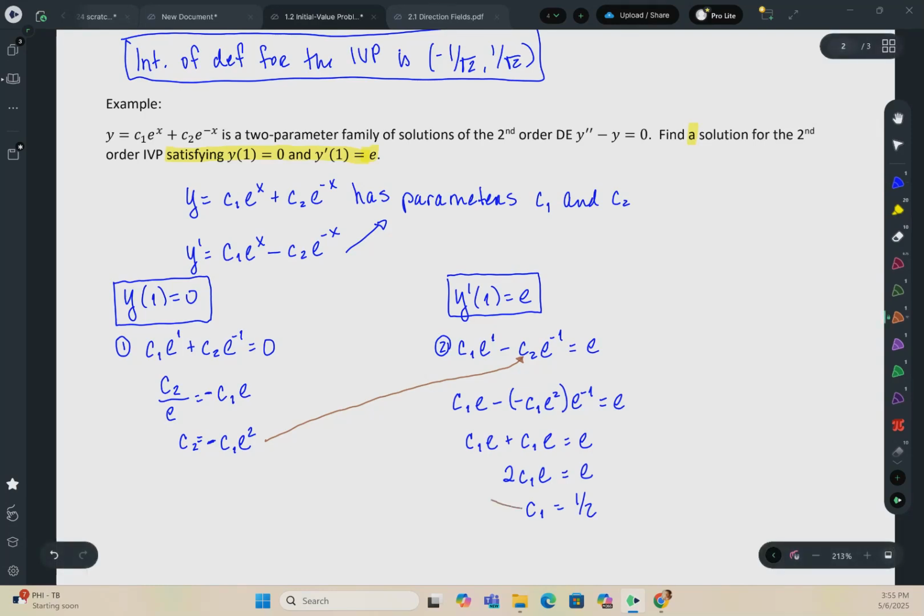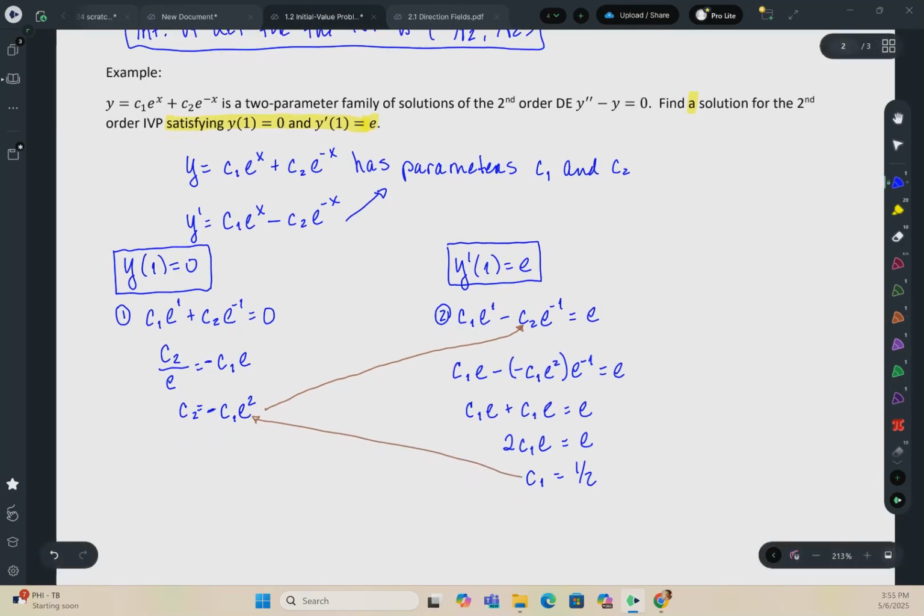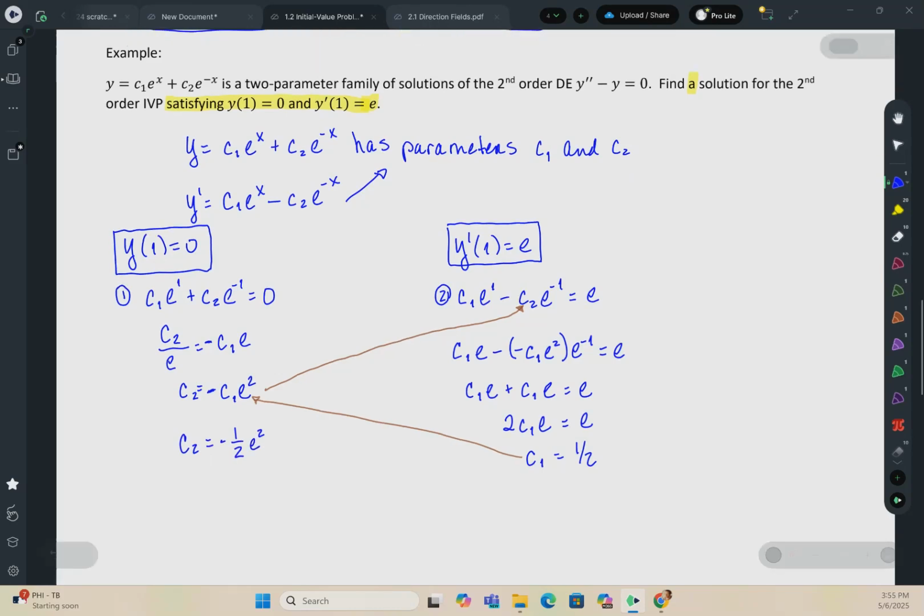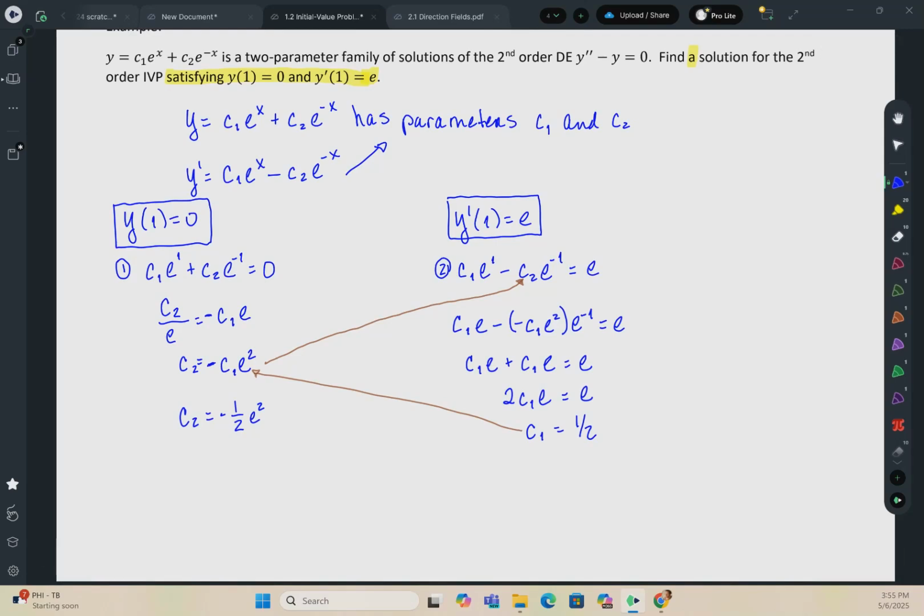I can then take that and plug it into my expression for C2. And then C2 will equal, replace the C1 with 1/2, I get a negative 1/2 e squared. So those are my parameters. And that means that a solution is y equals C1 e to the x will be 1/2 e to the x, C2 e to the minus x will be minus 1/2 e squared e to the minus x.